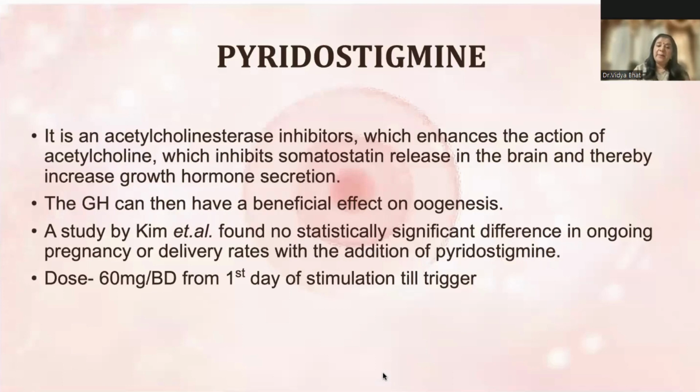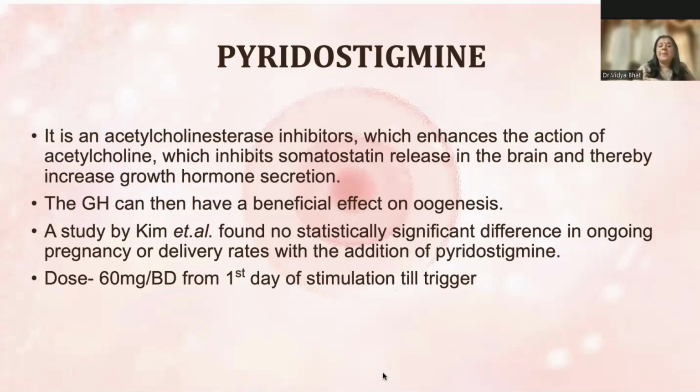Then this drug, pyridostigmine, is an acetylcholinesterase inhibitor, which enhances the action of acetylcholine, which inhibits the somatostatin release in the brain and thereby increases the growth hormone secretion. See, whatever you're giving has to basically increase the LH and FSH receptors and also stimulate the growth hormone secretion.